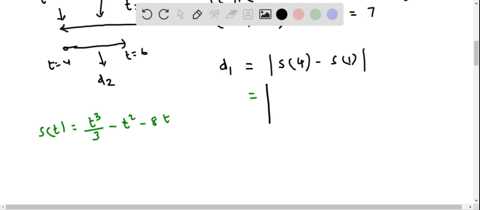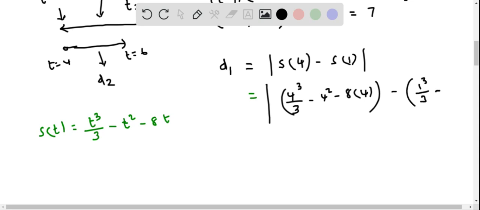So we put the absolute value. s of 4 is replacing t by 4, which gives 4 cubed by 3 minus 4 squared minus 8 times 4. This is the expression for s of 4, minus s of 1, which is 1 cubed by 3 minus 1 squared minus 8 times 1.